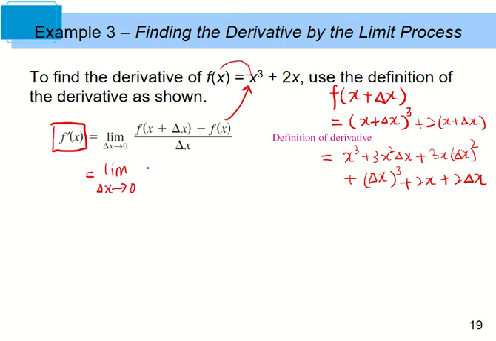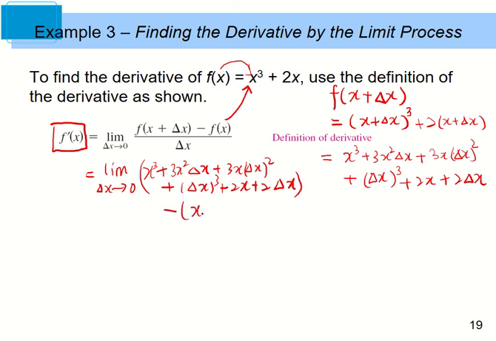So now we will have x to the power of 3 plus 3x squared delta x plus 3x (delta x) squared plus (delta x) to the power of 3 plus 2x plus 2 delta x. Now this whole thing minus the f(x). So minus the f(x), we have minus (x to the power 3 plus 2x). Okay, and divided by delta x.